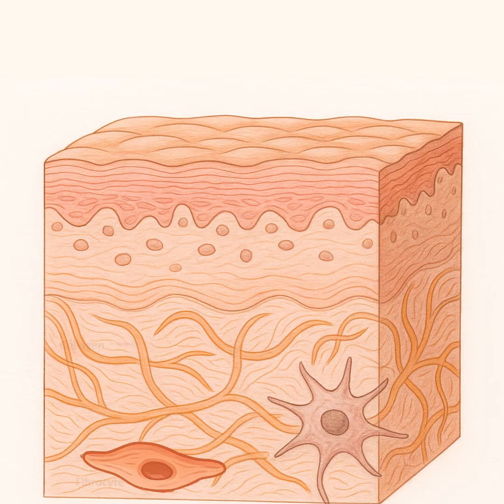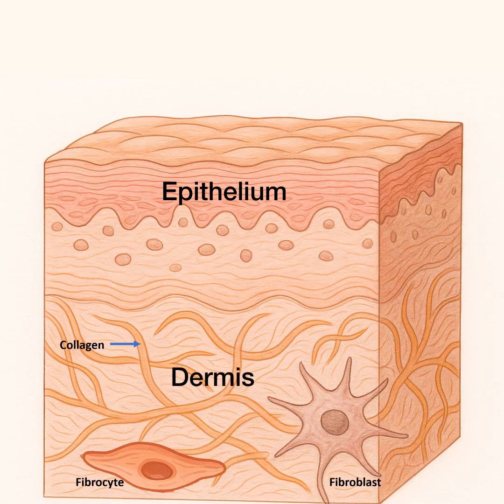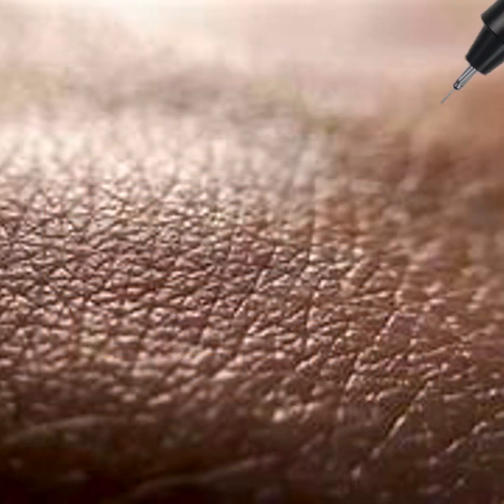This is a schematic diagram of the skin where we have the superficial surface, that is the epithelium, and the deeper portion called the dermis. There you can see the collagen protein fibers, the fibroblast, and the sleeping fibroblast known as fibrocyte.